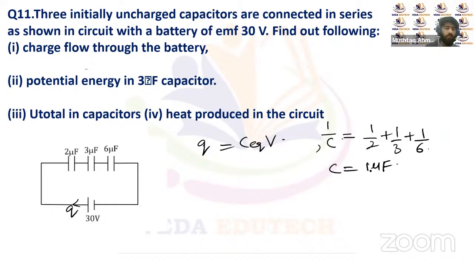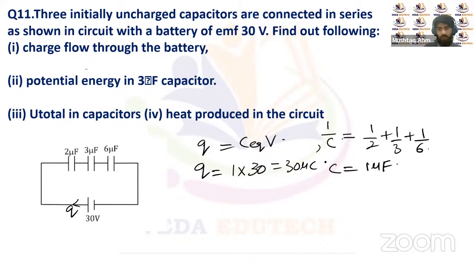So 1 microfarad will be the C equivalent, and the total charge flow through the battery will be C equivalent multiplied by V, that is 1 multiplied by 30. So it will be 30 microcoulombs.